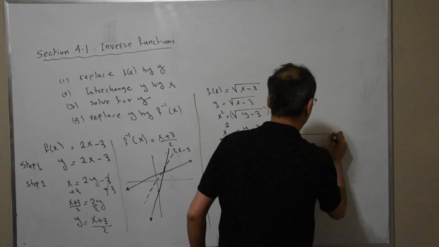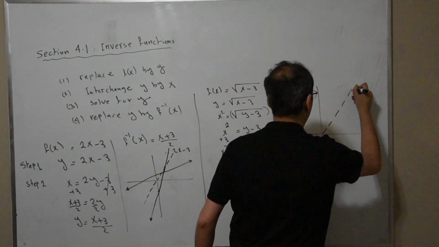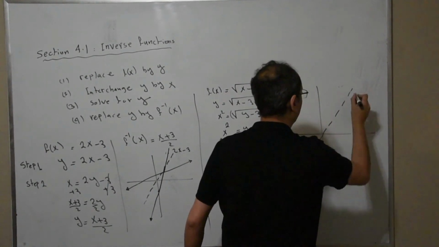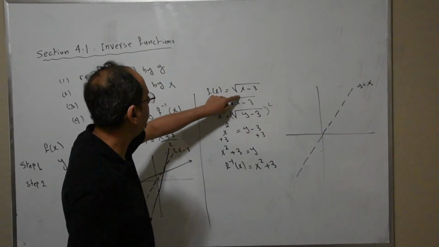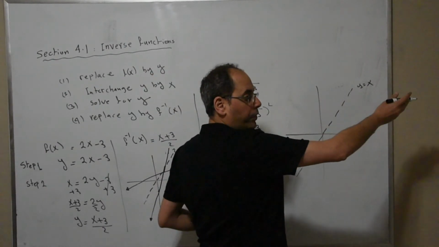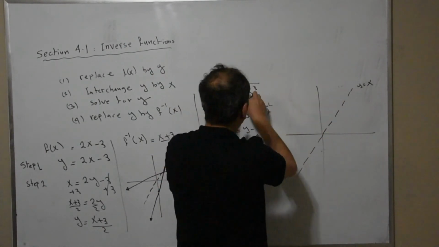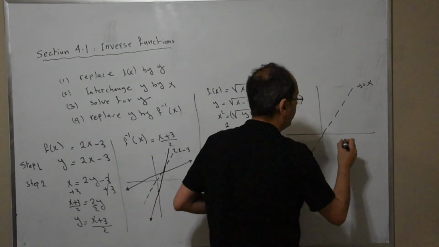So here I have, this is y equals x, and I'm going to graph this one. So this is the square root of x minus 3, square root of x, that way, but I have to shift it 3 points to the right.